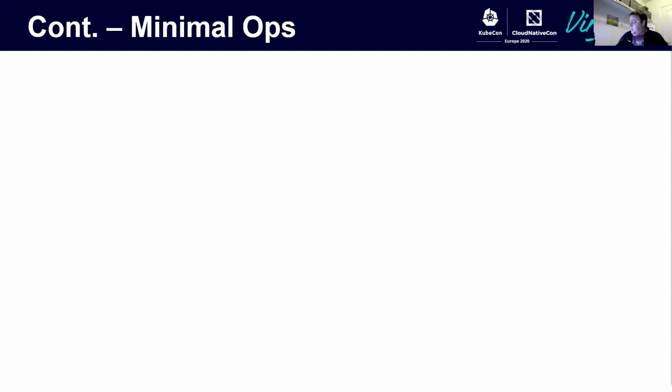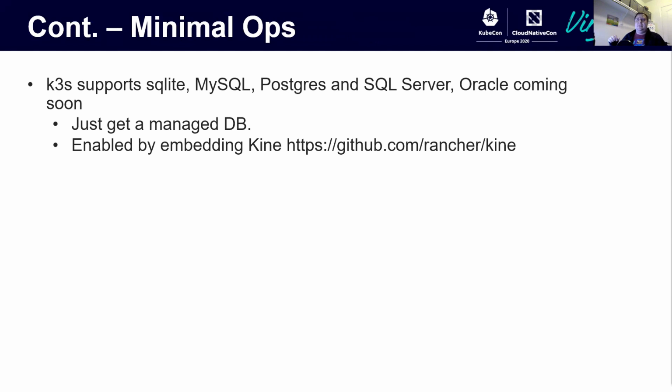Okay. The other thing about this is, when you look at Kubernetes, really your biggest operational overhead is etcd. It's not like there's anything wrong with etcd. It's just the idea of running a persistent, quorum-based system like that.